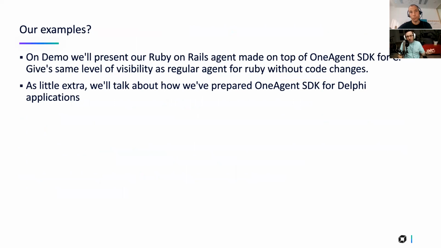For our examples, first of all, we have a fully working agent that is available in the Dynatrace Hub. This is the Ruby on Rails agent, made based on the OneAgent SDK for C. As I said, we have the OneAgent SDK for C, then we have middleware in C, and plenty of Ruby code that is creating the auto instrumentation process.